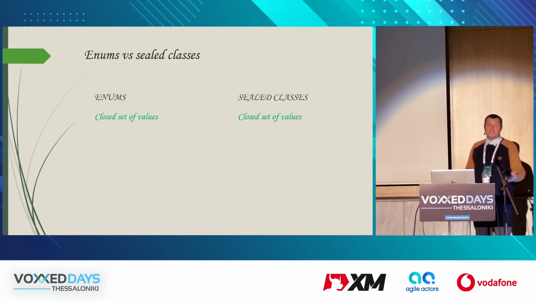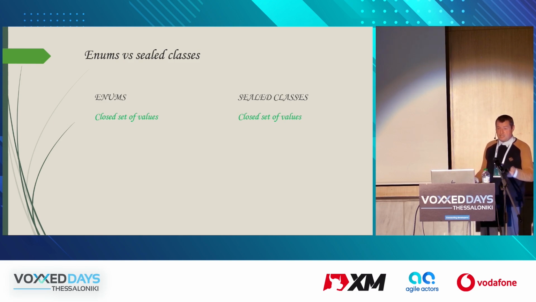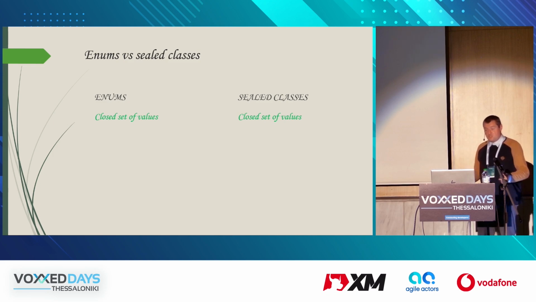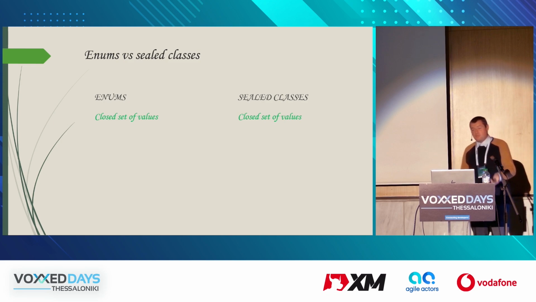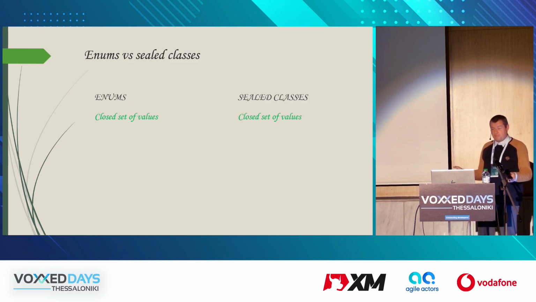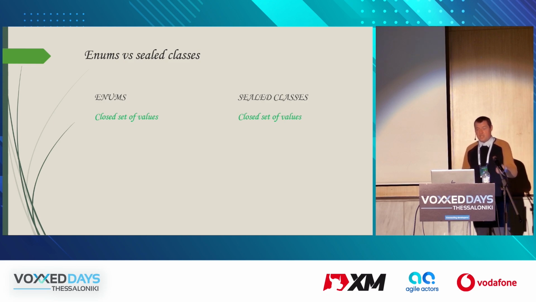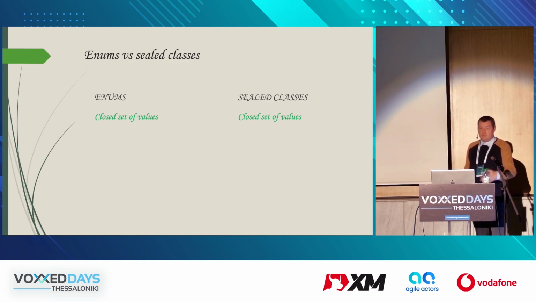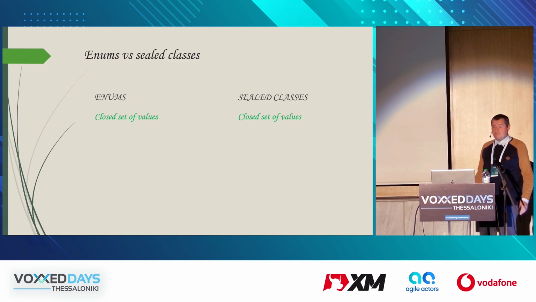You seal the class or interface, so in such a case, you know the direct children that inherit from it. It's completely enough. Of course, the children may still have children of their own, that's okay, but if you just present these direct children in the switch clause, that's okay for the compiler. Yeah, I know that there is no other possibility. Okay, so up to now it seems to be the same, but there's one big difference.